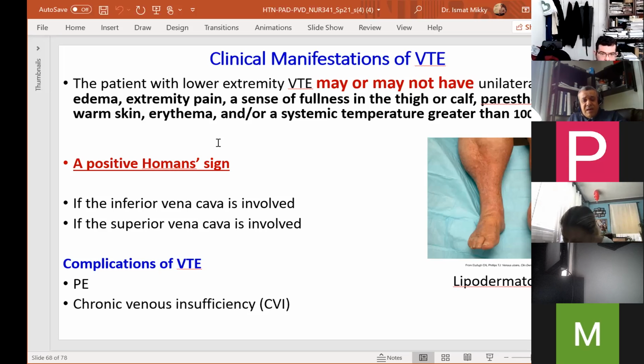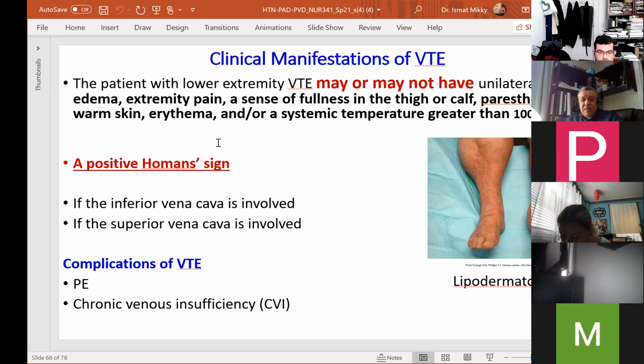If the blood clot in this DVT involves the inferior vena cava, then the leg will be edematous. So edema and cyanosis will be present in the lower extremities and the legs. But if the superior vena cava is involved with that blood clot, symptoms like edema, swelling, and cyanosis will be more in the arms.